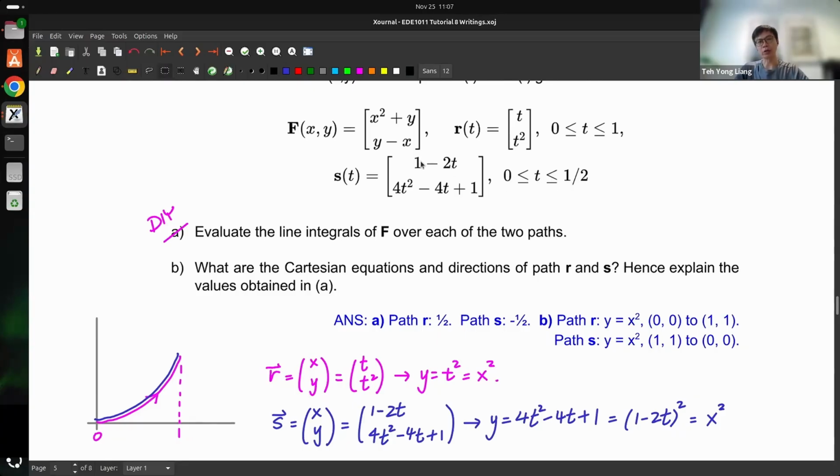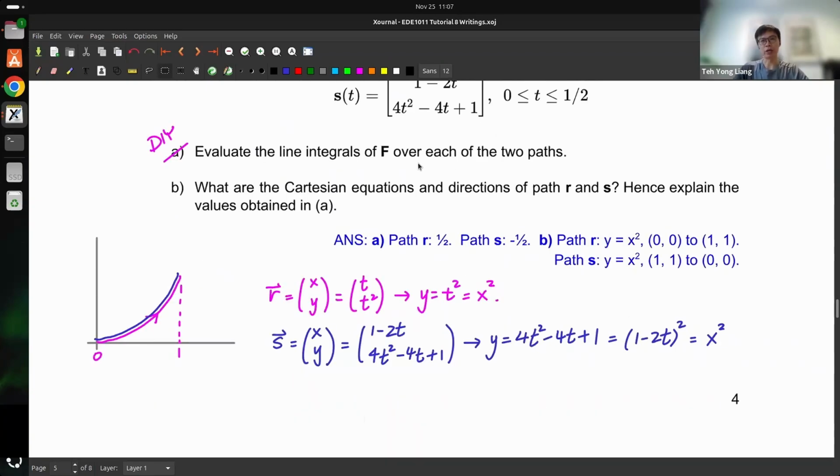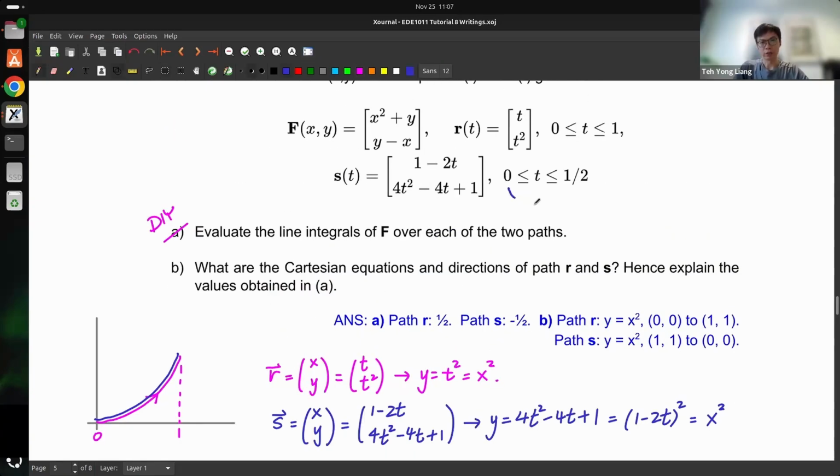At t equals 0, x equals 1 minus 2 times 0, which is 1. Of course, you can check the y. y is also 1.